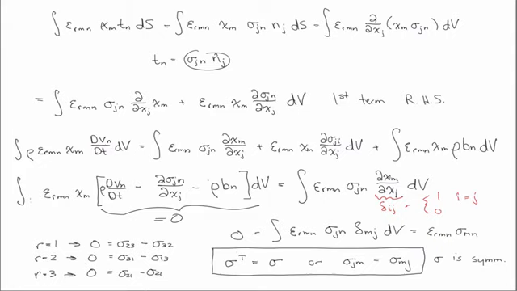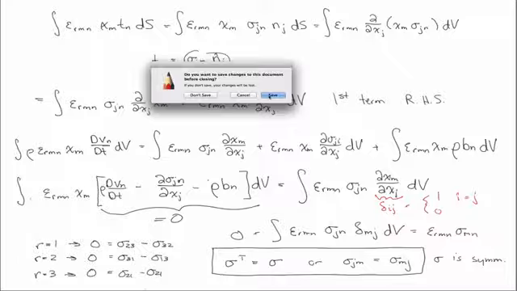Okay, so now we have mass, linear momentum, angular momentum. What's left? Energy. Right. All right.